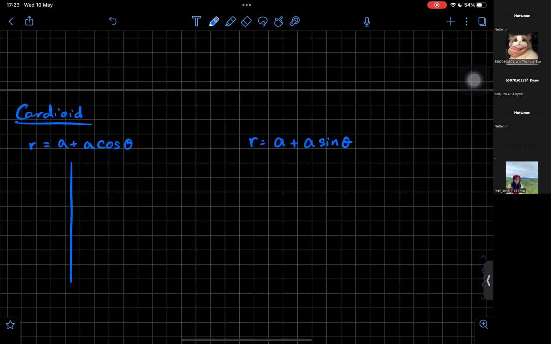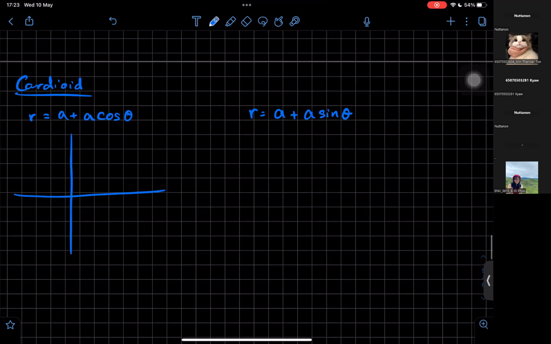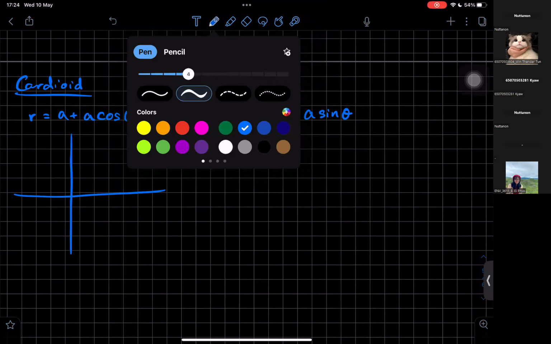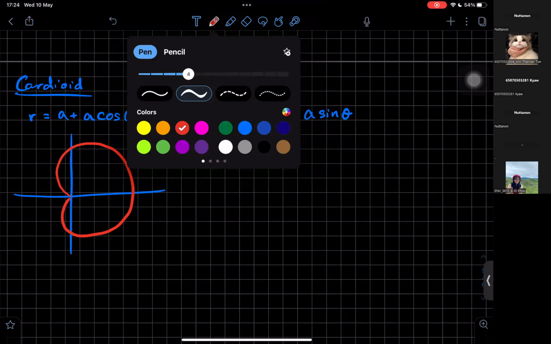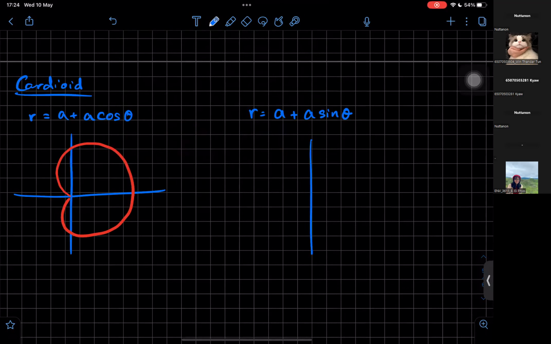And the graph will be like this. If it is a plus a cos theta, it becomes this one, something like this. And if it is a plus a sine theta, then it will become something like this.